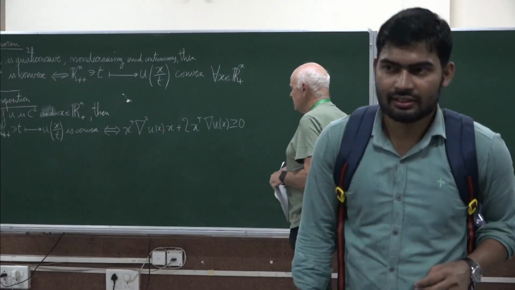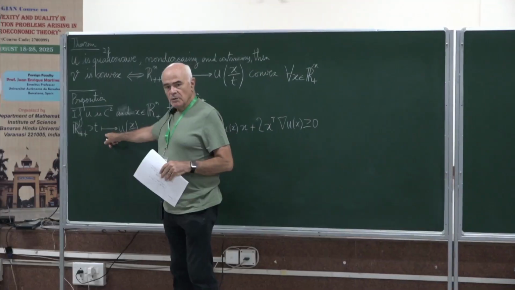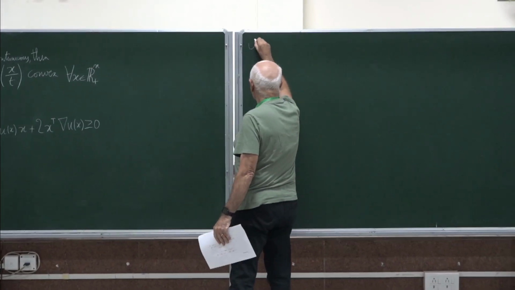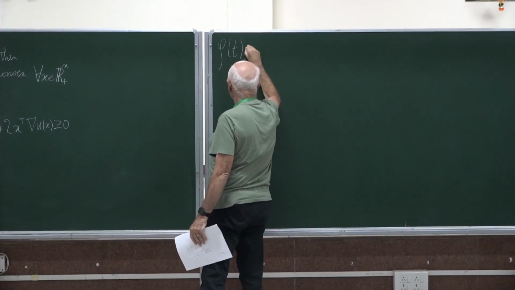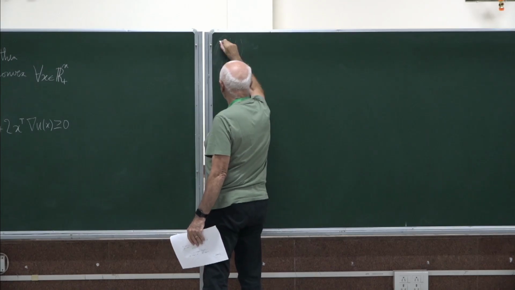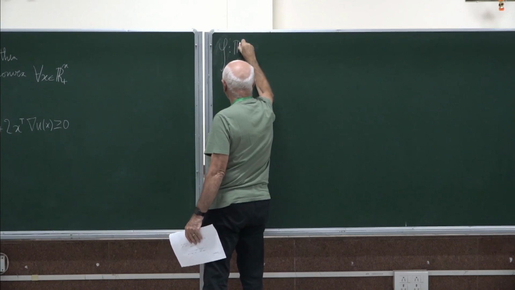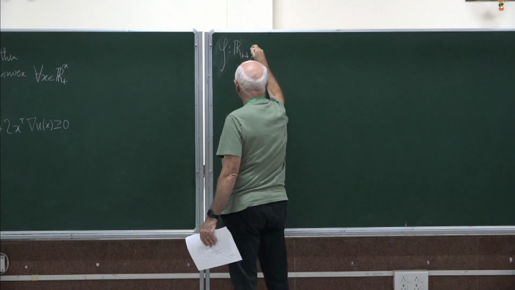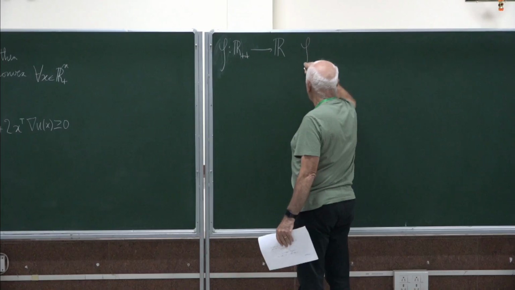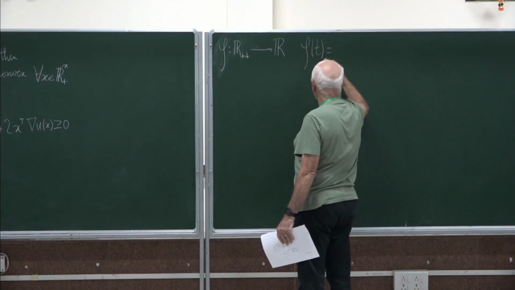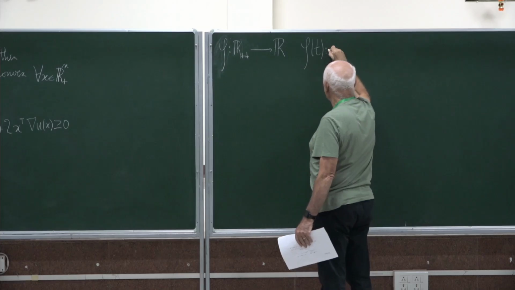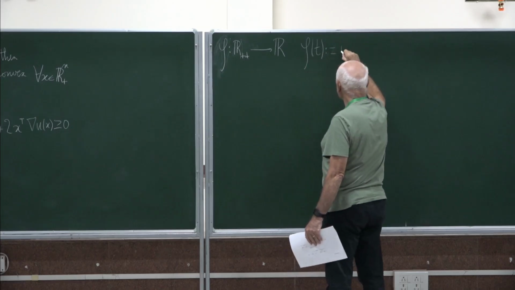Simply, let's give a name to this function. Let's call it phi. So I define phi from R plus plus into R by phi of t equal to u of x over t.